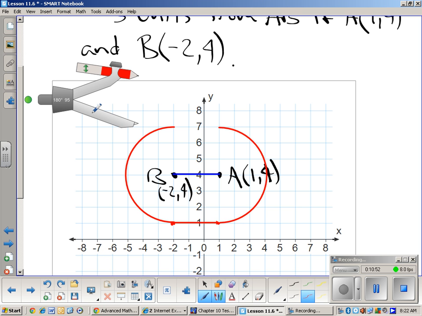Oh, okay, so you're also saying then that this segment is part of it. I would agree with that. Everywhere on the red track, okay, I'm going to be 3 units away from that segment. Okay? I would absolutely agree with that.